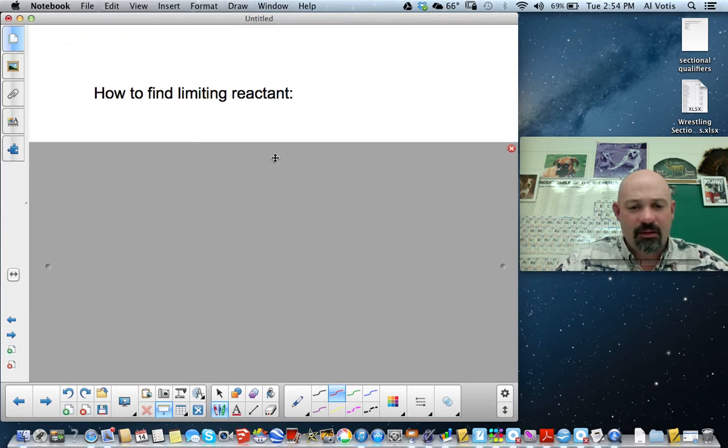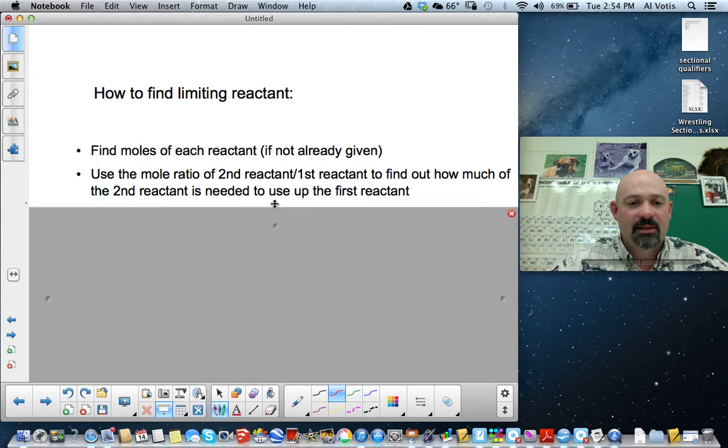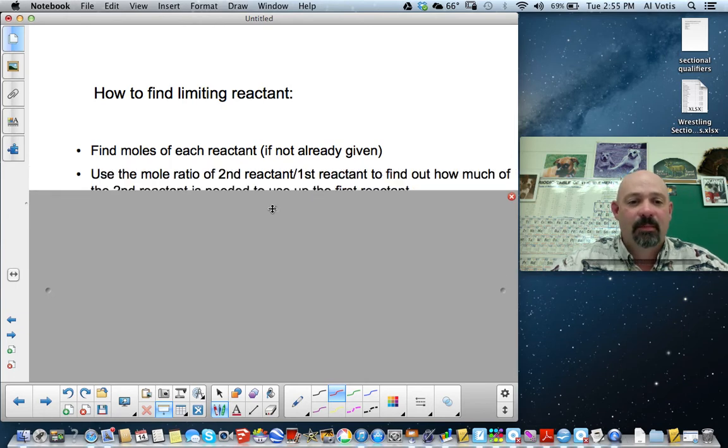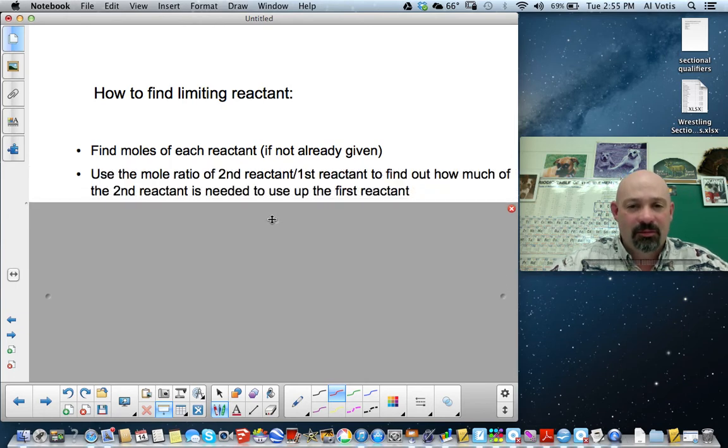Okay, so how do we find the limiting reactant in a problem? What exactly are we going to do? Well, what we're going to do are these basic steps. We're going to find the moles of each reactant. If we're not already given that, we may be given a volume, we may be given grams, we may be given moles. If we don't have moles, we need to find how many moles of each reactant we have. Then, listen to this carefully, we're going to use a mole ratio.